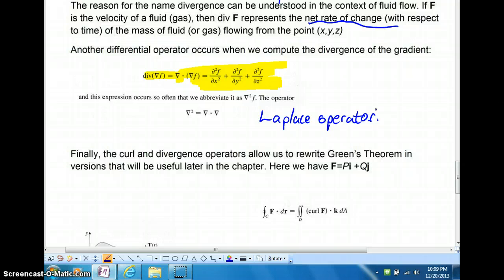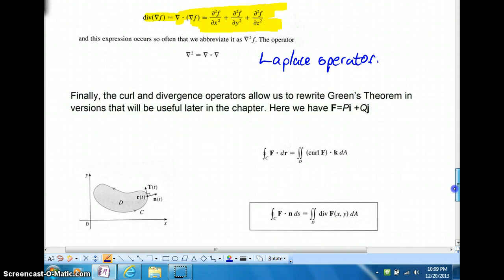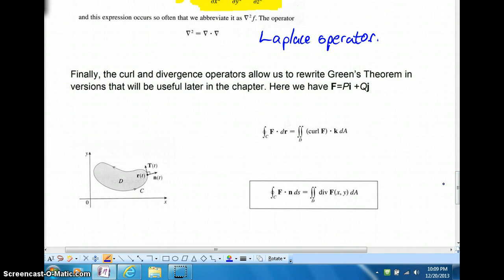But finally, the curl and divergence operators that we've just talked about can allow us to rewrite Green's theorem in versions that will help us out later as we go to the end of chapter 16. Green's theorem was what we looked at extensively in section 16.4.